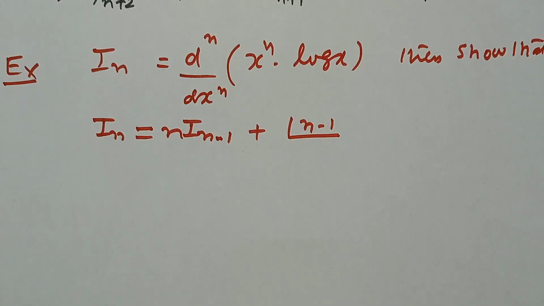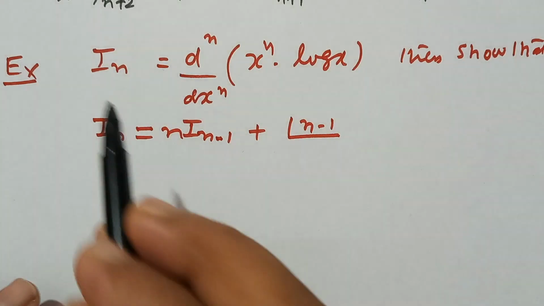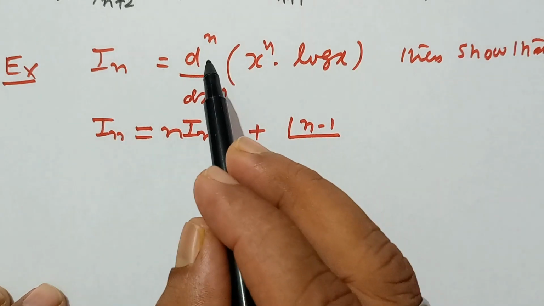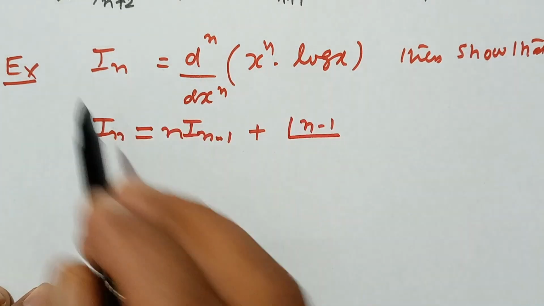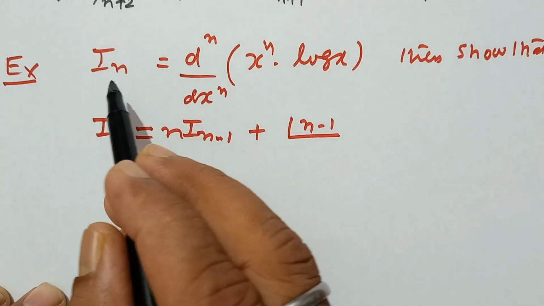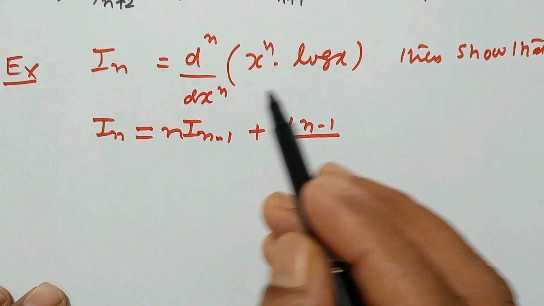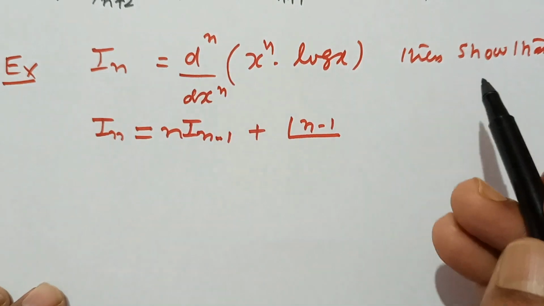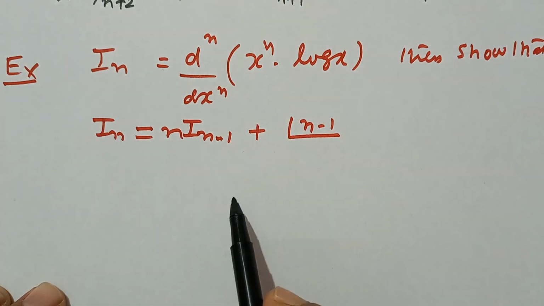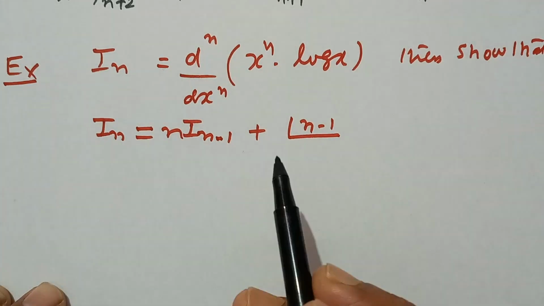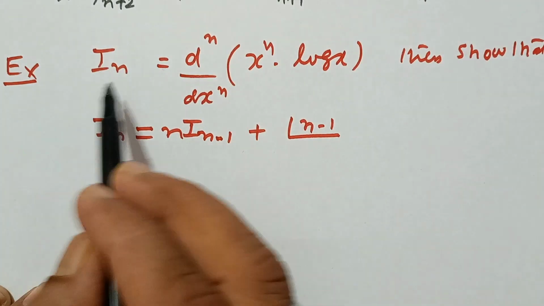Now the next important question: if In is equal to d^n/dx^n of x^n log x, this is the given condition, this is the notation In. Then prove that In is equal to this thing. So first look at the given question, In is the notation.